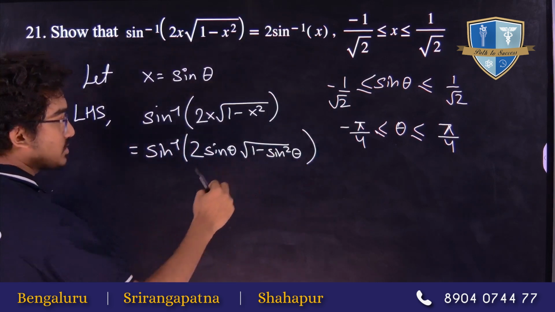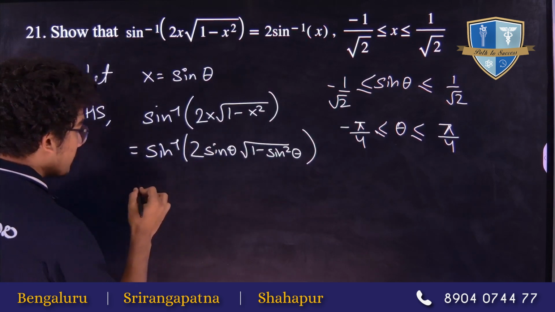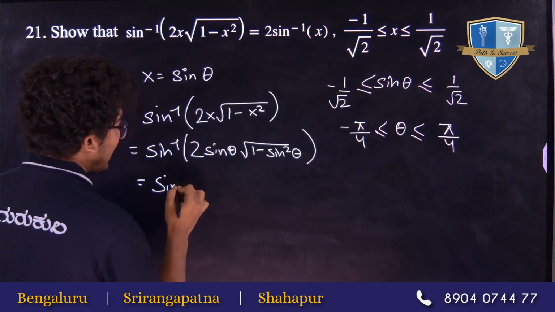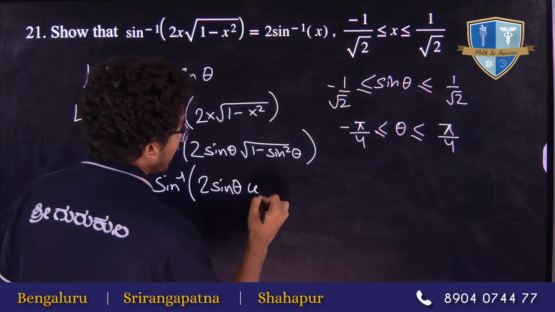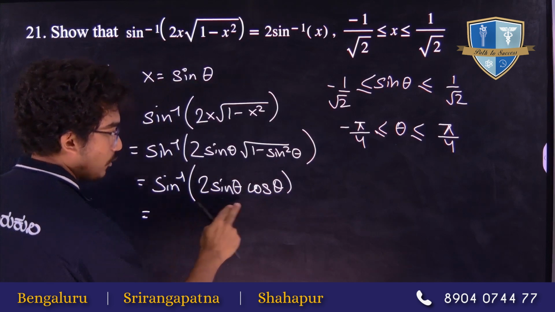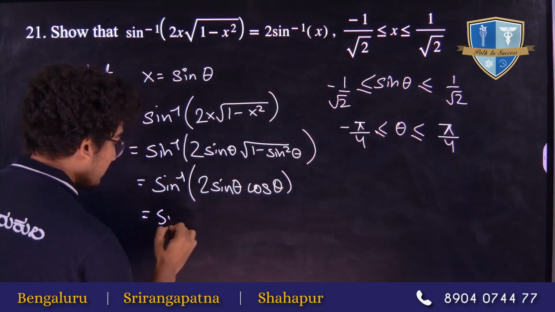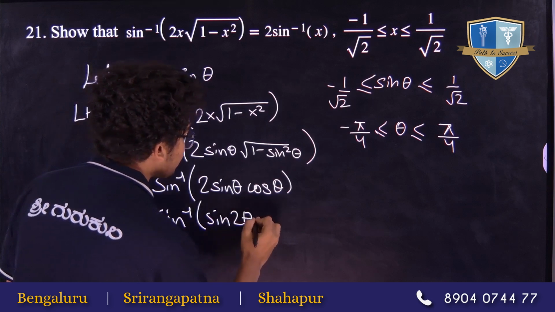And 1 minus sine square theta is cos square theta, and root of cos square theta will be cos theta. So this will be equal to sine inverse of 2 times sine theta cos theta, correct? This is the formula of sine 2 theta. So we can write it as sine inverse of sine 2 theta.